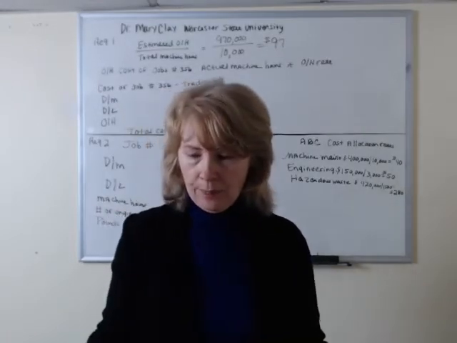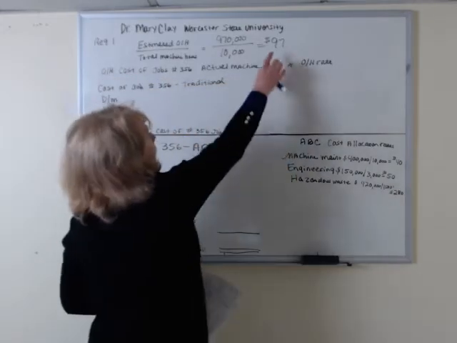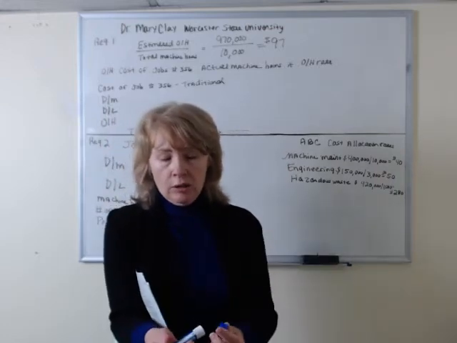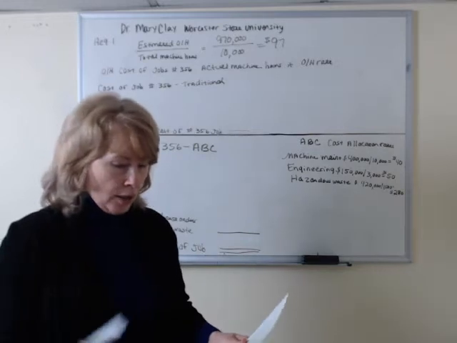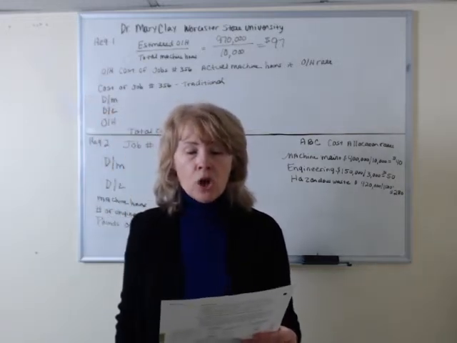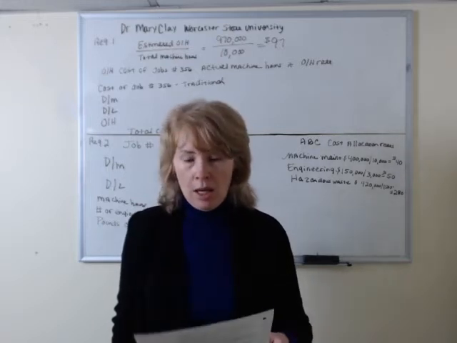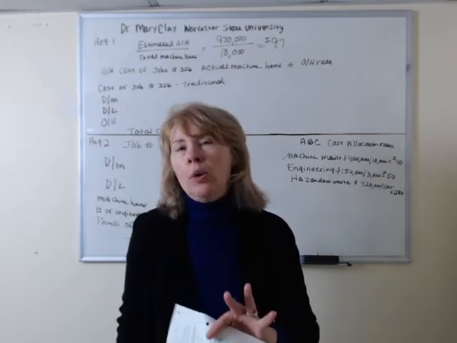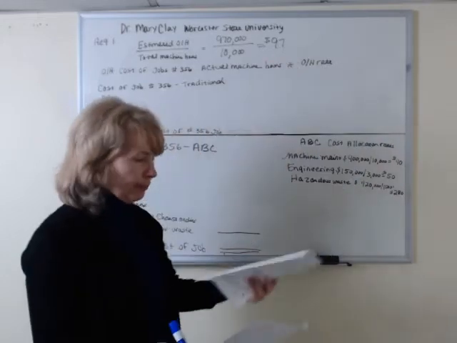All right, so in the problem, we've already come up with the overhead rate. The overhead rate is 97. That's using the traditional costing method, okay? Now, you might not be clear, but here's what it says. During the year, job 356 is started and completed. Uses for the job are as follows. Those are your actual numbers. So here's our estimate, 97.